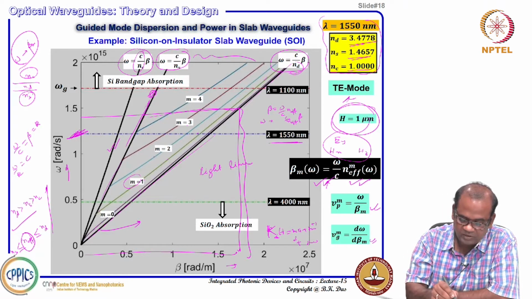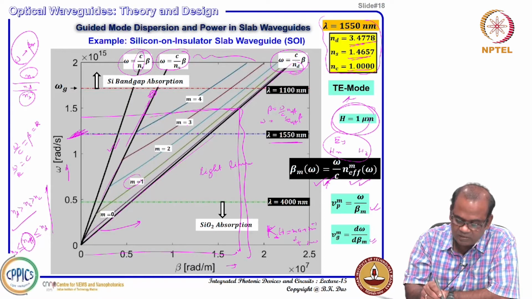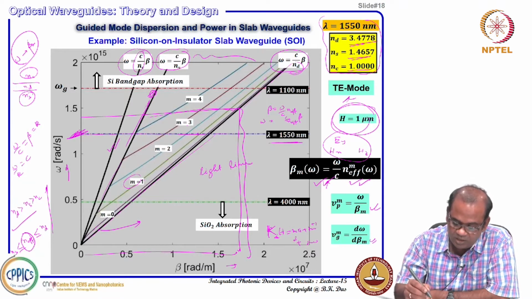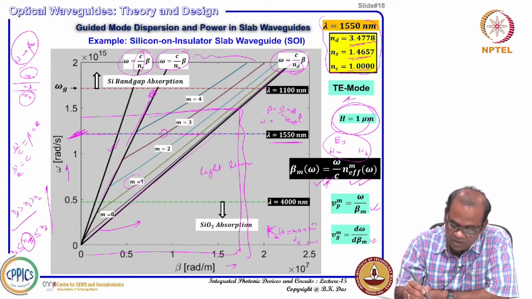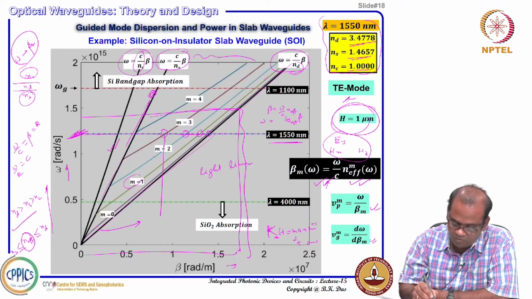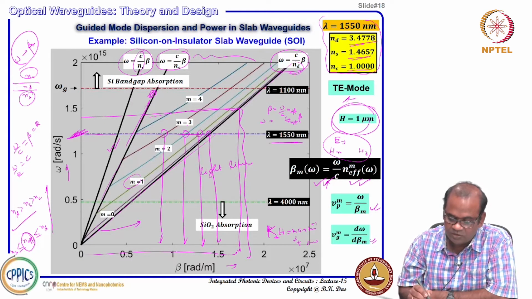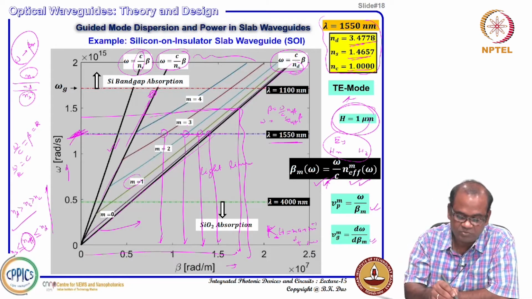If you go in this direction, you see it is cutting m equal to 3, m equal to 2, m equal to 1, m equal to 0. That means I have one beta solution, another beta solution for that frequency, another here, and another here. So these are the 4 different beta solutions I will get for this frequency.